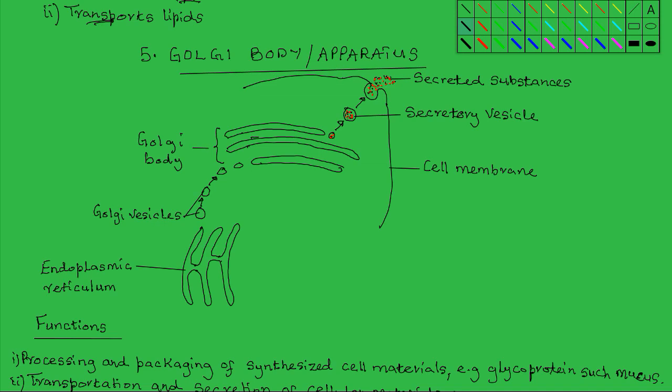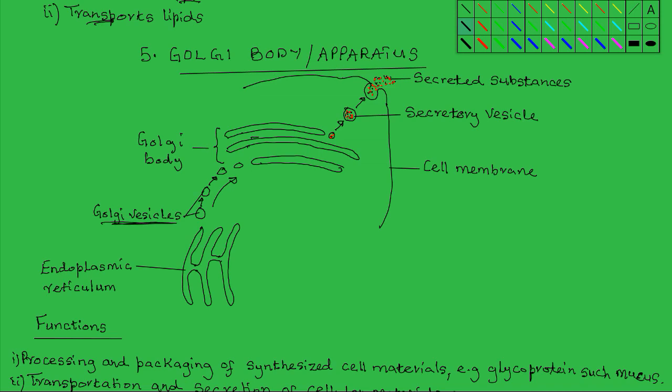So from the endoplasmic reticulum, there are vesicles known as the Golgi vesicles that pinch off the endoplasmic reticulum and move towards the periphery of the cell, where the vesicles join to form the Golgi Apparatus.